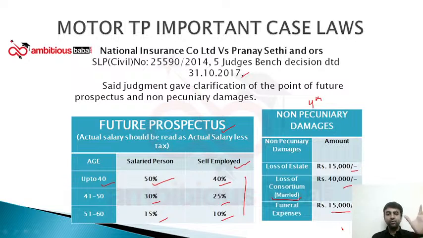If nothing is given, you can do the calculation as per bachelor. Generally for married people they specify, this is my understanding, but this level of confusing question will not be there in the exam, right? So all the tables are clear.